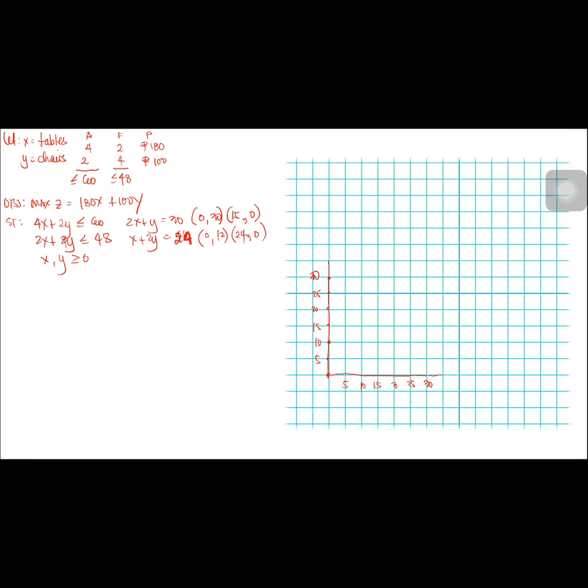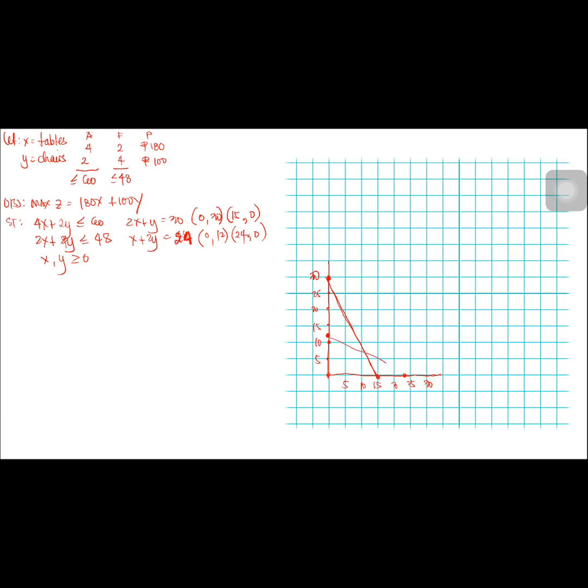Okay, this is our x. Then for our first line, we have there 0, 30 and 15, 0. So this is our first line. Next is 0 and 12, and then 24 and 0.